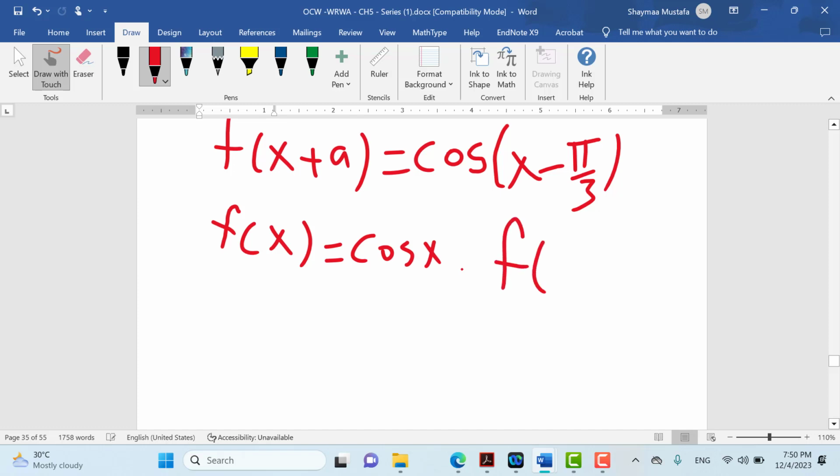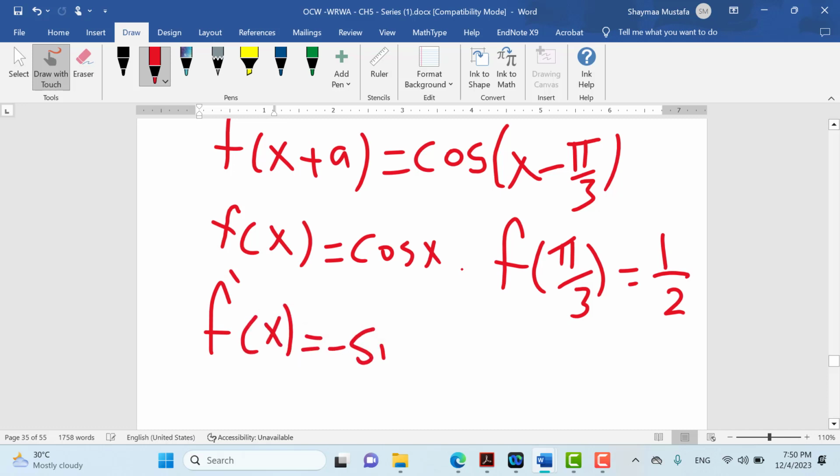Then we need to find f of pi over 3, which is cos pi over 3, which is equal to 1 over 2. Then the first derivative of cos is minus sine x. Then the first derivative at the point pi over 3 is equal to minus square root of 3 over 2.